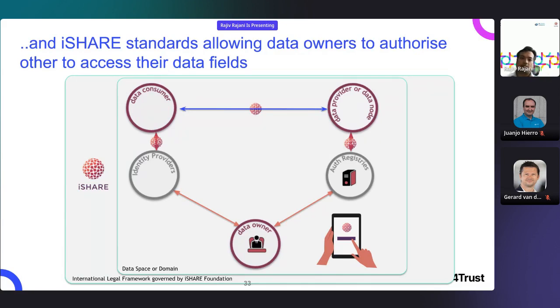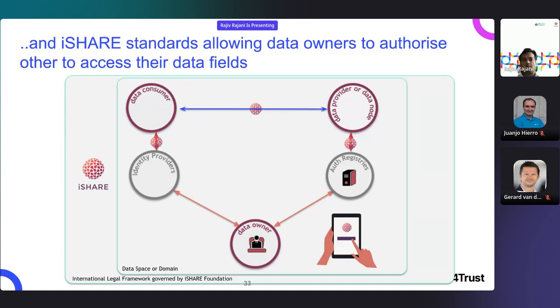And in iSHARE, we provide the specification for the APIs, basically how the authorization registry interacts with the participants in the network. Again, this also gives you portability, because they implement the same API specifications. You can port all your authorization policies from one provider to another, and it will still work in the same manner as it is working currently.